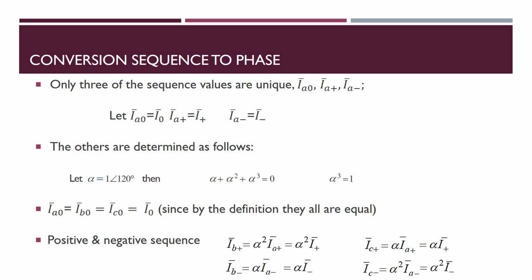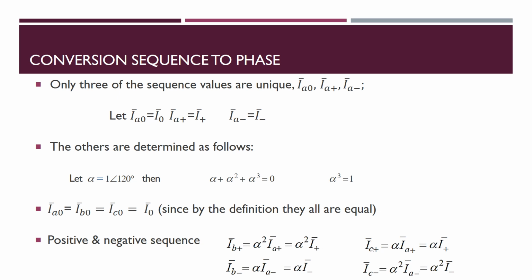You can determine for B: IB0, IB plus and IB minus, and IC0, IC plus and IC minus. So you can determine these values if you know IA0, IA plus and IA minus.